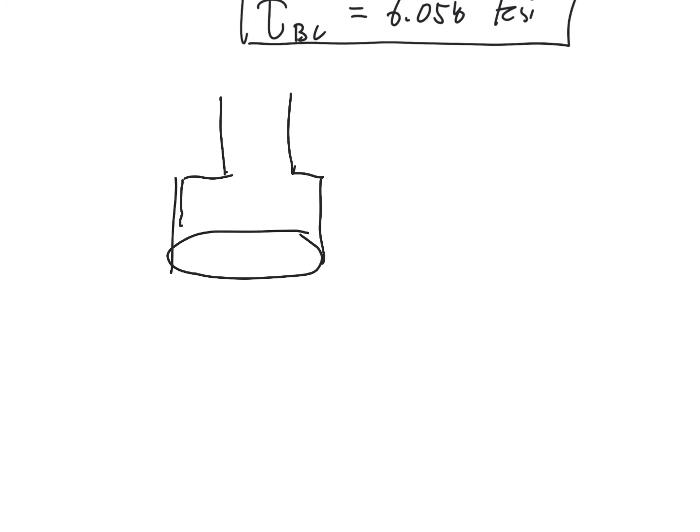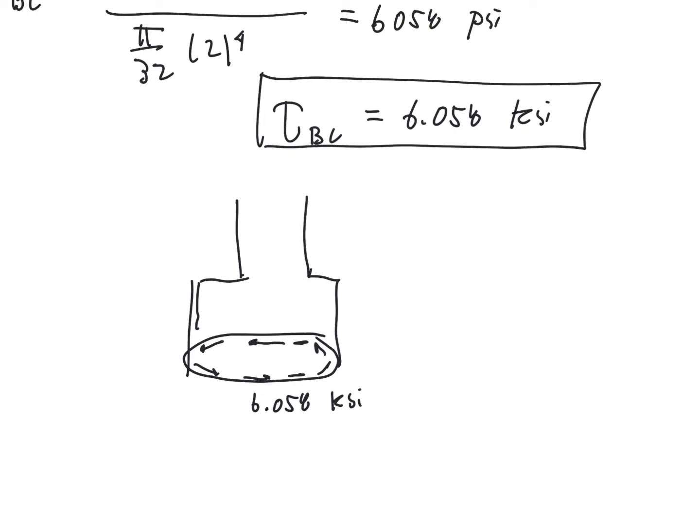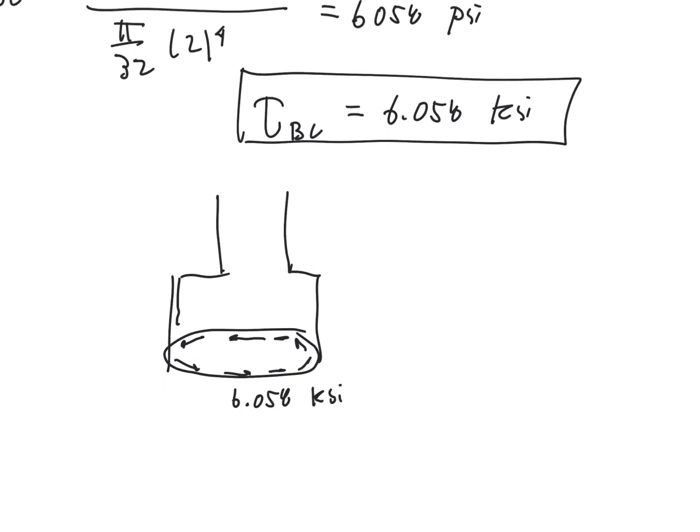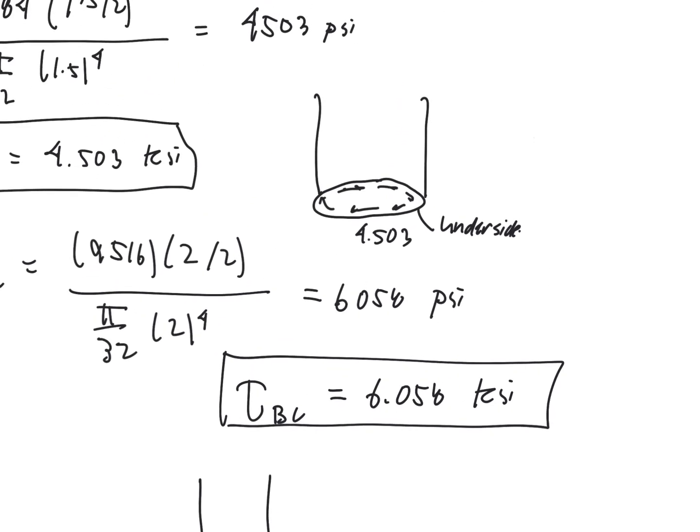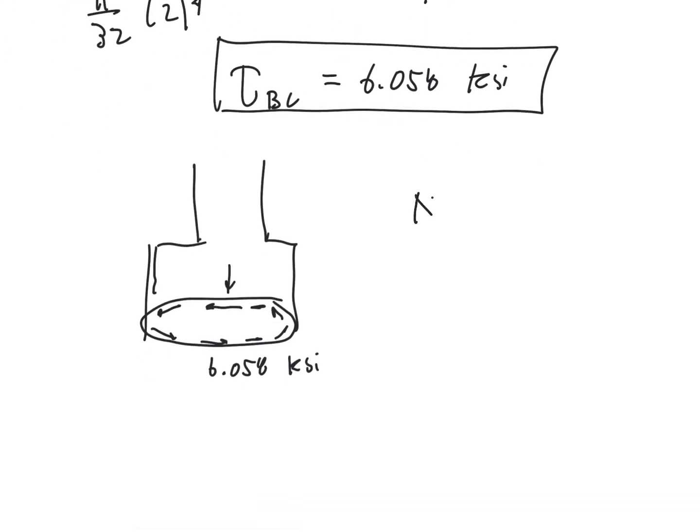And now my double arrow is going downward, so that means it's going in this direction, and there's 6.058. So I'm looking at the underside of segment BC, and notice it's going in different directions now. Along the edge closest to me, I'm going from the right to the left, versus here where I'm going from the left to the right. So it changes direction. Notice tau changes the direction.